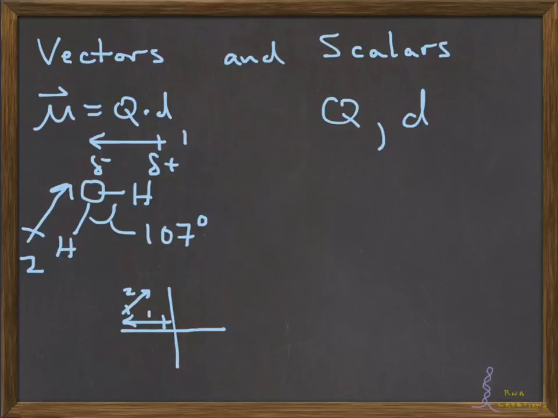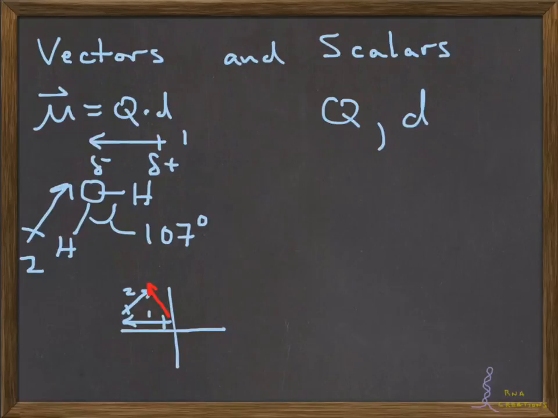Like that. And now I'm done. What is their sum? Well, let me do their sum in red. The sum is from where we started to where we ended. It goes from the start of 1 to the finish of 2. That is the total dipole.